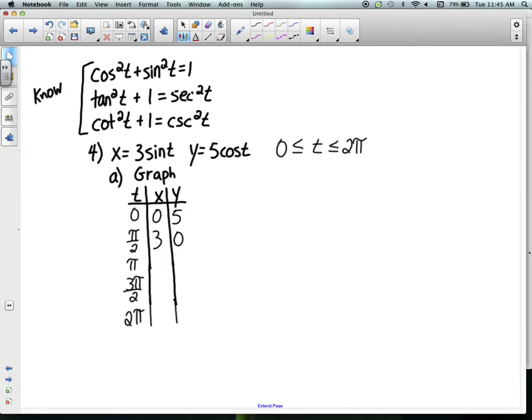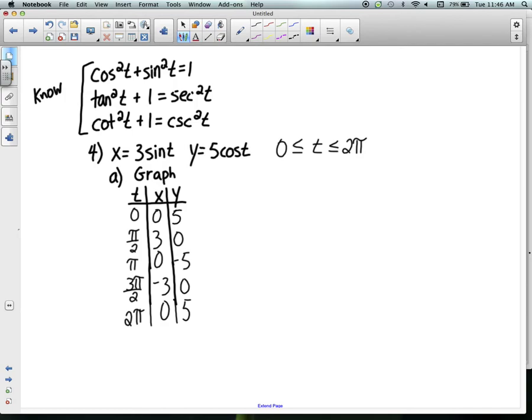And then this will kind of alternate, except you're going to have some changes in the positive, negative signs. The next one will be 0, negative 5, and then negative 3, 0. And then since 0 and 2 pi are technically the same, it kind of comes back around full circle, or not quite a circle when we go to graph this, but something that we just did in the last unit.